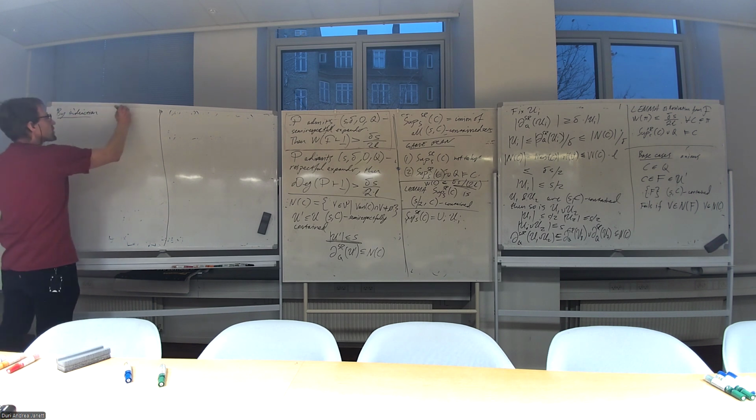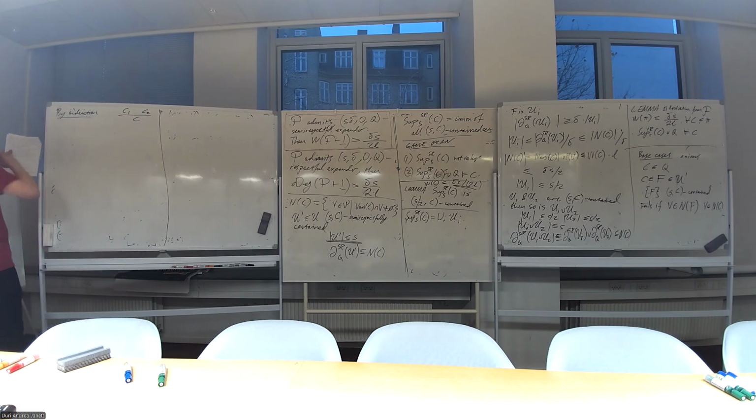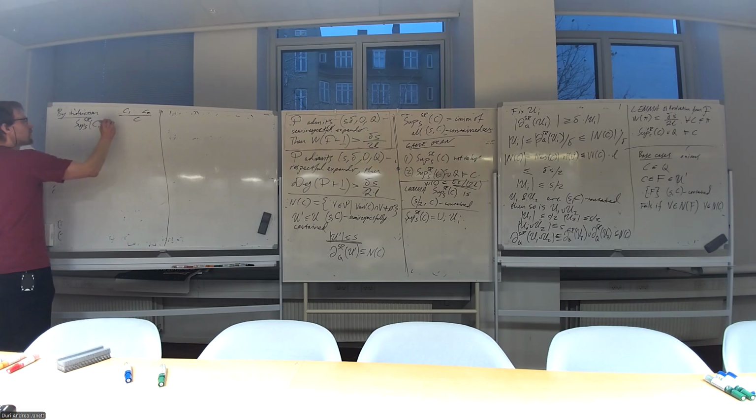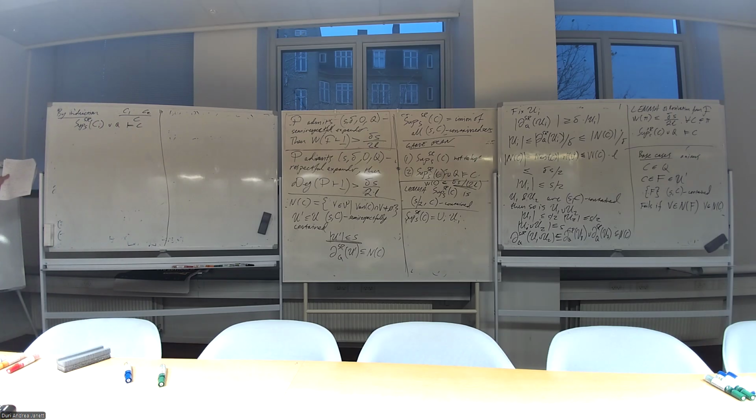So by induction, the induction step is that C1 and C2 derive C, and by induction, we know that the support of Ci for i equals 1, 2, union Q implies Ci.